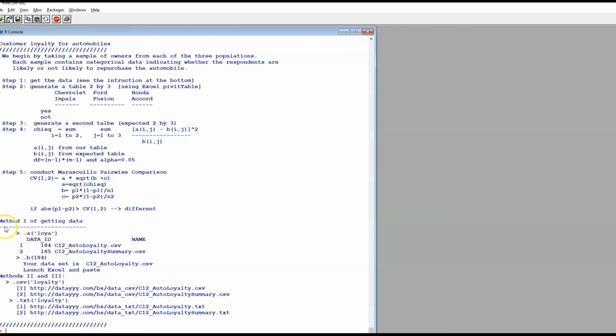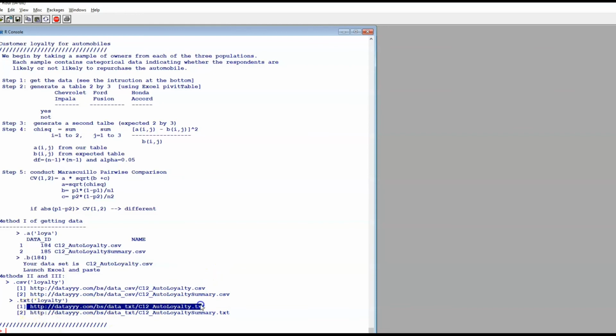Okay. So this is how to get the data. Method 1, use dot A, we enter the keywords. We got ID 184. Dot B 184. Then we go back to our Excel. Method 2, method 3 is, you can just copy this line and paste to a browser, then download the CSV file.